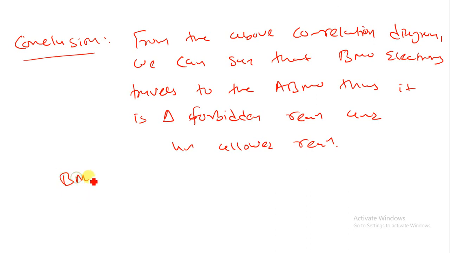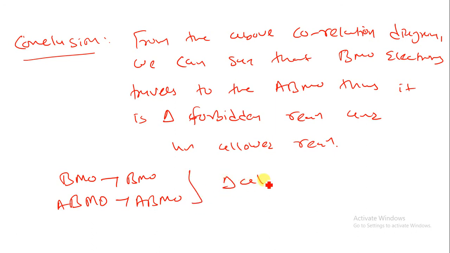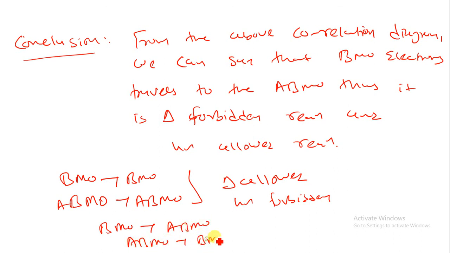In the conclusion, you can write that if the BMO electron remains at the BMO and the ABMO electron remains at the ABMO, then it is a thermally allowed reaction and photochemically forbidden reaction. But if you cross BMO to the ABMO or ABMO to the BMO, then it will be a photochemically allowed reaction and thermally forbidden reaction.